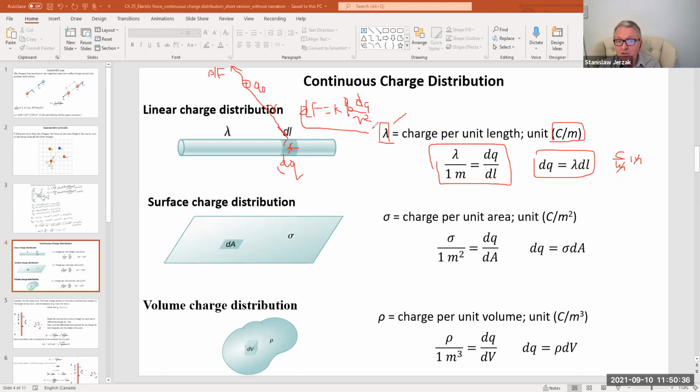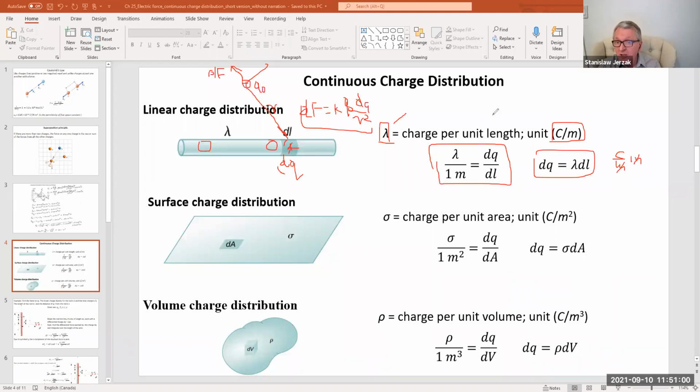So this would be the force acting on Q0 only due to one element. Then you would have to take another element and find the force, which would be in a different direction. So we would have to now find the sum of all these tiny contributions due to each element by using the superposition principle.